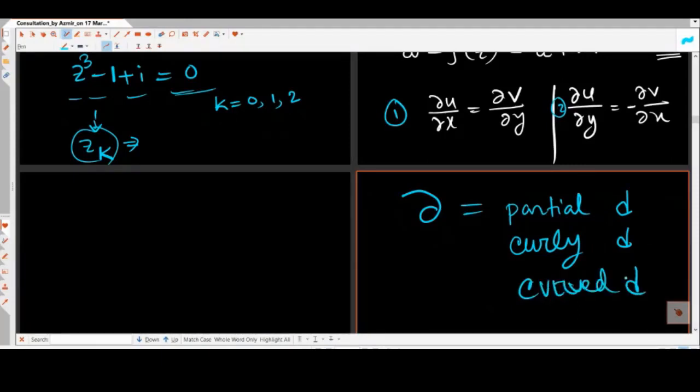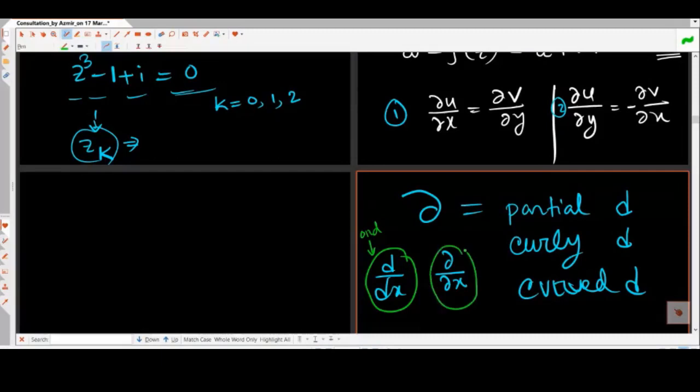That means there is a difference between d/dx and partial d/partial dx. The first is known as the ordinary derivative, and this is called the partial derivative.